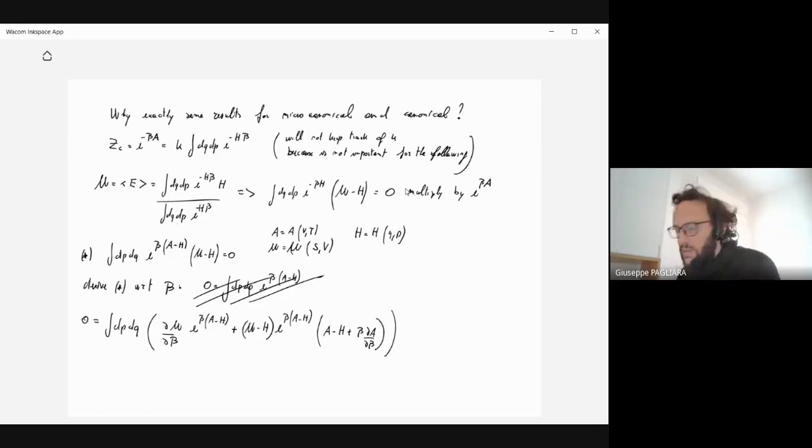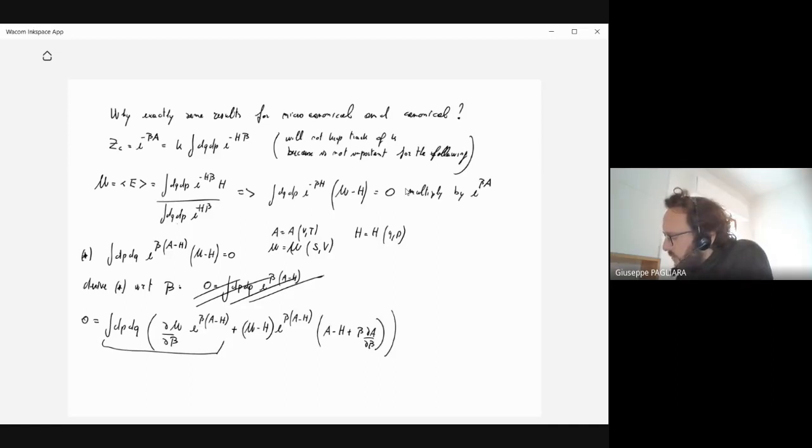Let me check if this is correct, just one moment. dp dq, derivative of u with respect to beta, e to beta (a minus h), and (a minus h) plus beta d beta. Okay, that's correct. Now let me take this term here.